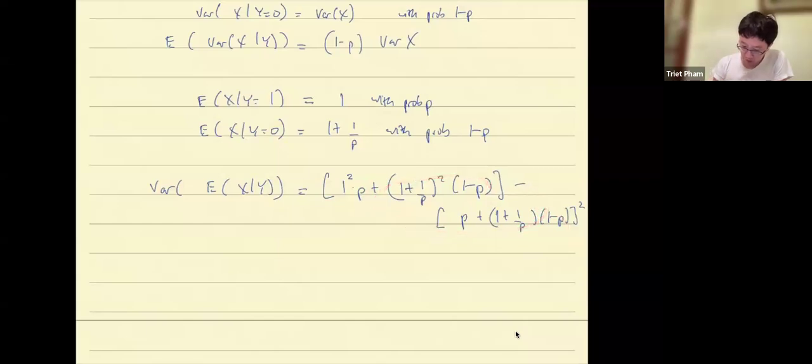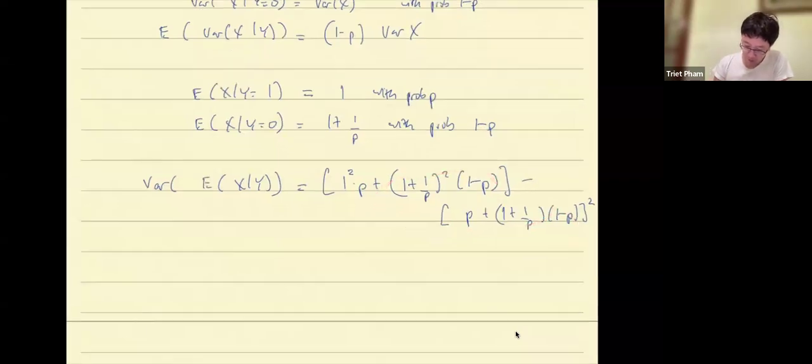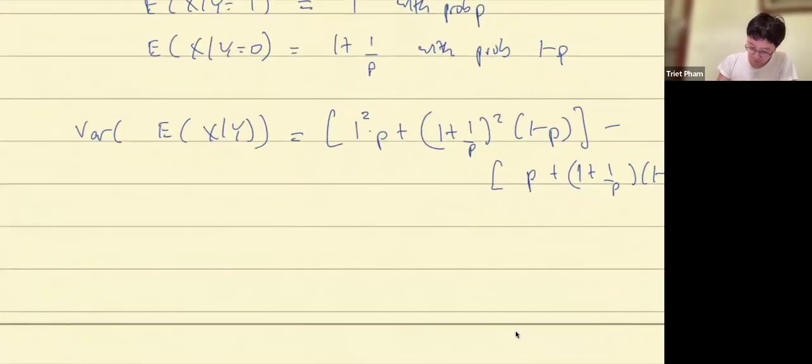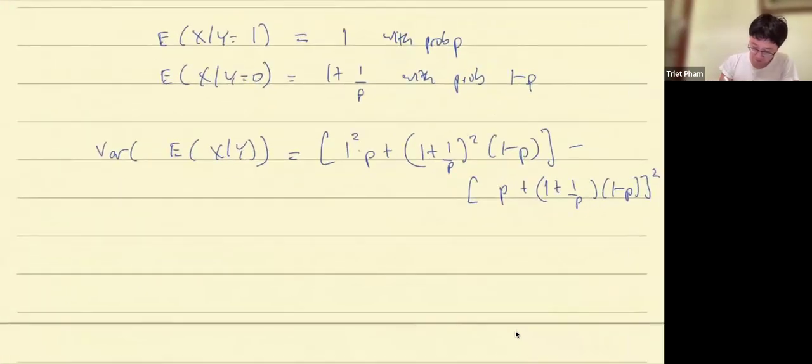Well, what is it? Let's see here. P plus, so that's 1 plus 2 over p plus 1 over p squared, times 1 minus p.